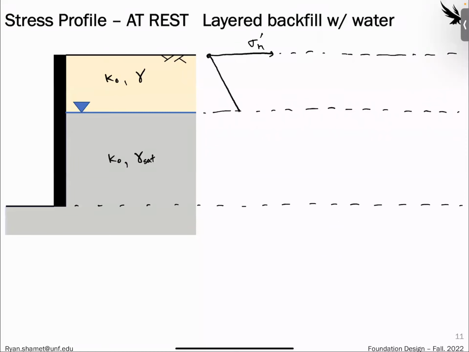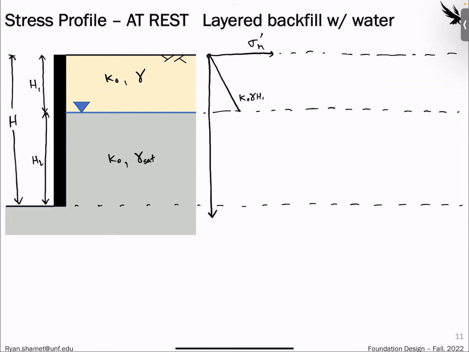Where this value would be K naught times unit weight 1 times H1. We would need to separate this into two separate heights. So we'll just say this is H1, H2. This will be our total H. So we would have this condition, and this is only from the soil itself.